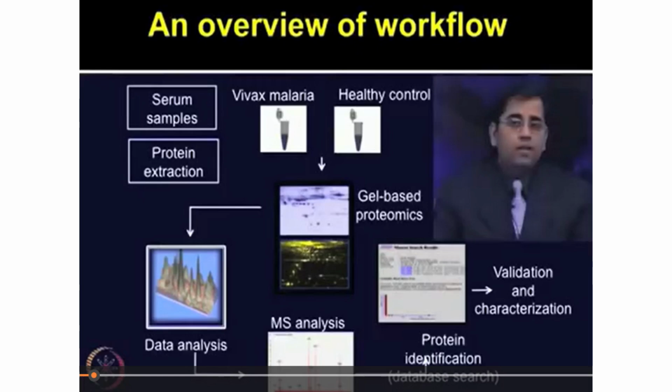So if all those things are matching, then you can say that that might be the possibility, but you still cannot accurately say that it is for sure that protein. That can only be said by doing mass spec analysis, and after that you also need to validate it. Then only you can say that okay, the protein we are looking at on the gel is the same which I am proposing.